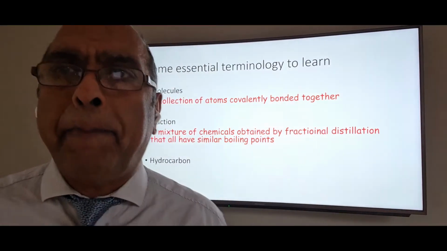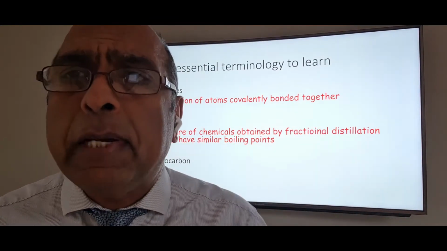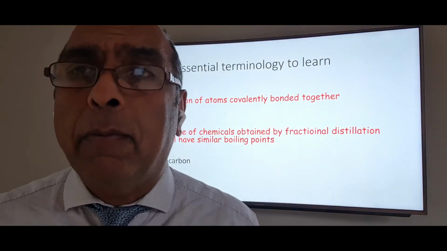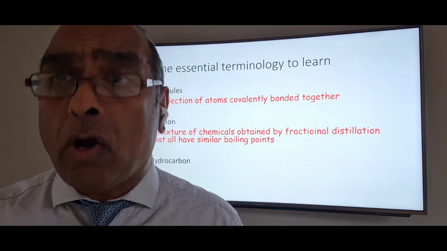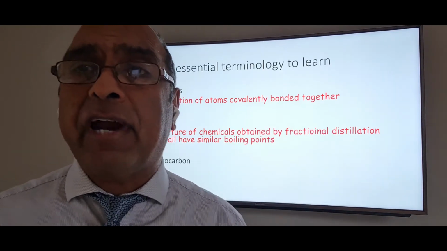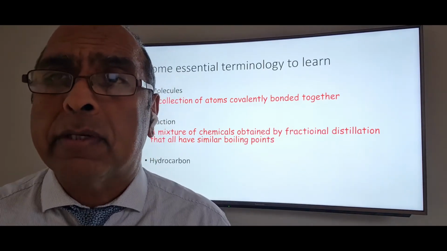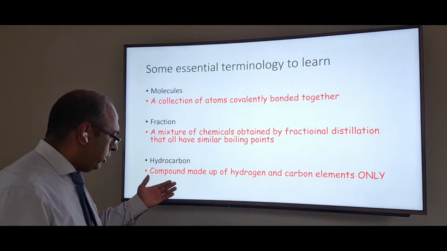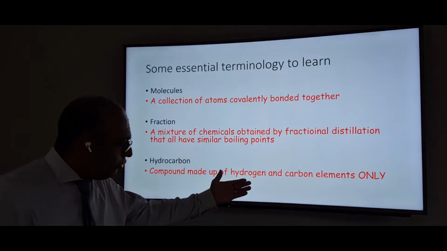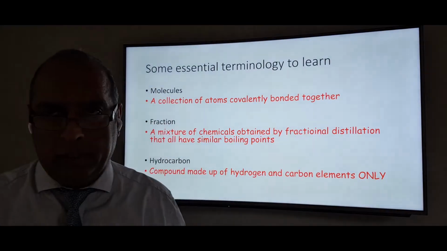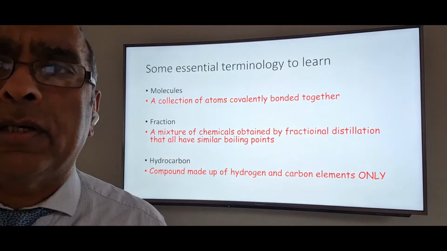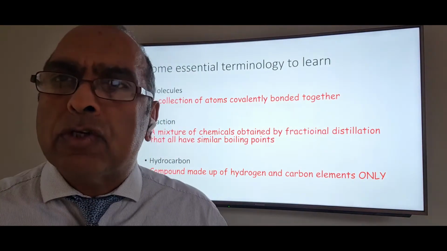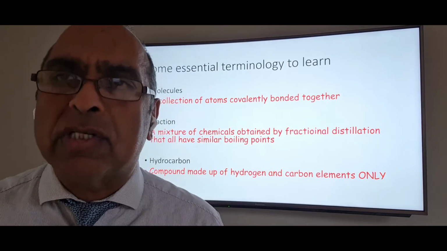So one fraction, like petrol, is a mixture of liquids that all have similar boiling points that you've got by carrying out a fractional distillation experiment. Hydrocarbon. These are compounds that are made of hydrogen and carbon only. All of those terms we've come across before. I'm recapping them so that you understand what I'm about to say.